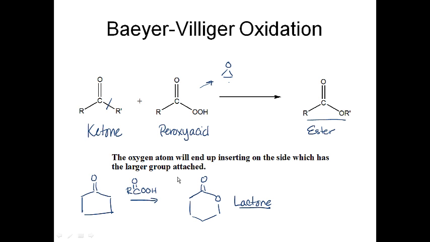So the Baeyer Villiger oxidation is very nice because it allows you to form an ester directly from a ketone, but it's really important if you're trying to form lactones because it allows you to take just a cyclohexanone or a cyclopentanone and really form a cyclic ester very easily because it would be very difficult to form that otherwise. So that's Baeyer Villiger oxidation.